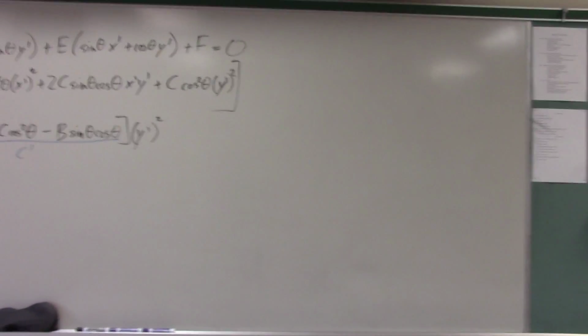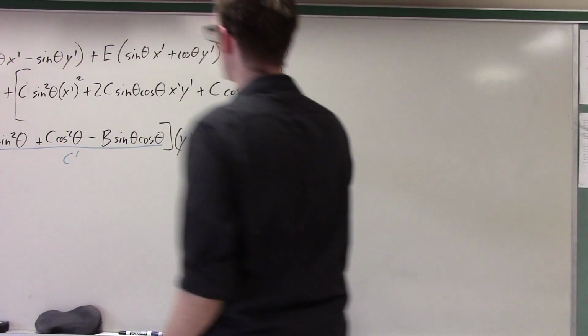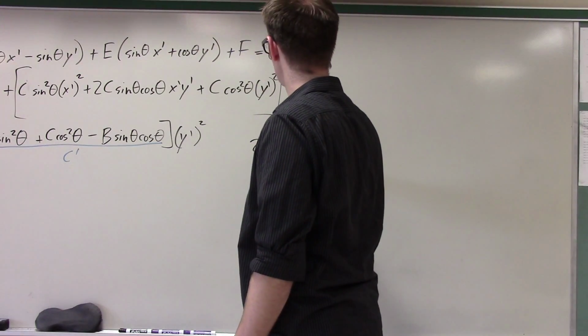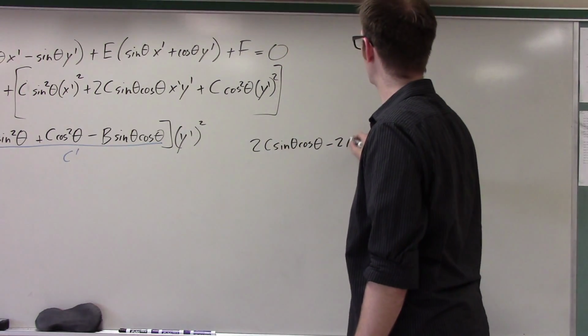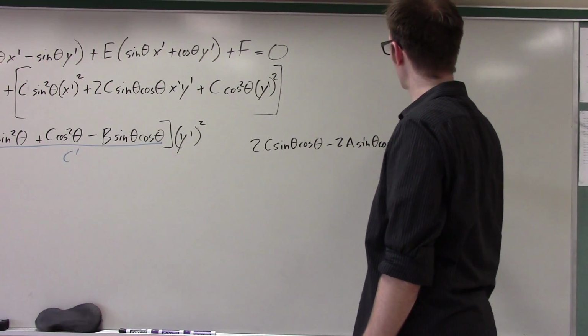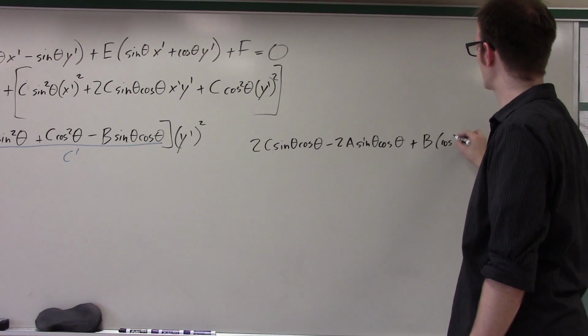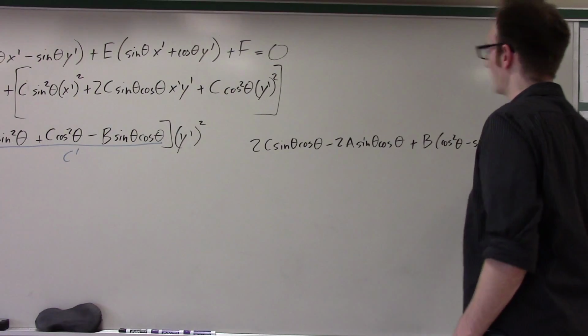Okay, so that is what I'm going to do right now, and you could probably even do this yourself, right? When is 2c sine theta cosine theta minus 2a sine theta cosine theta plus b cosine squared theta minus sine squared theta, when is that 0?